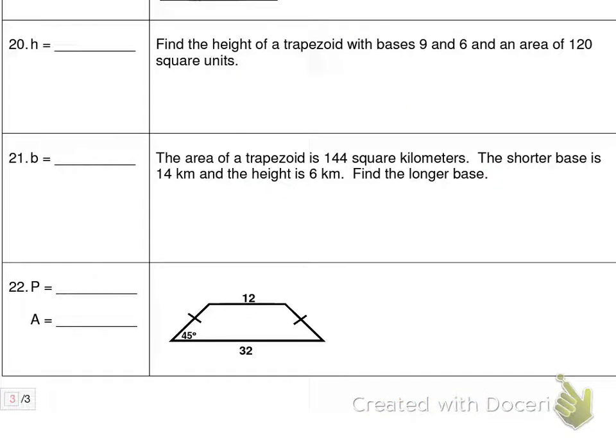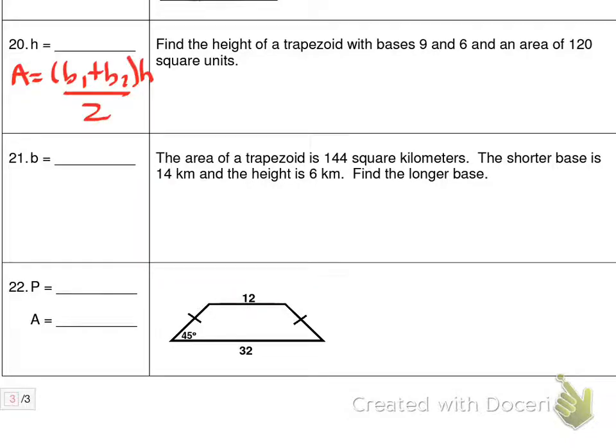Number 20. Find the height of a trapezoid. Bases are 9 and 6, and the area is 120. Okay, the height of a trapezoid. So in this one, we're using our trapezoid formula, which is A equals b1 plus b2 times our height divided by 2.